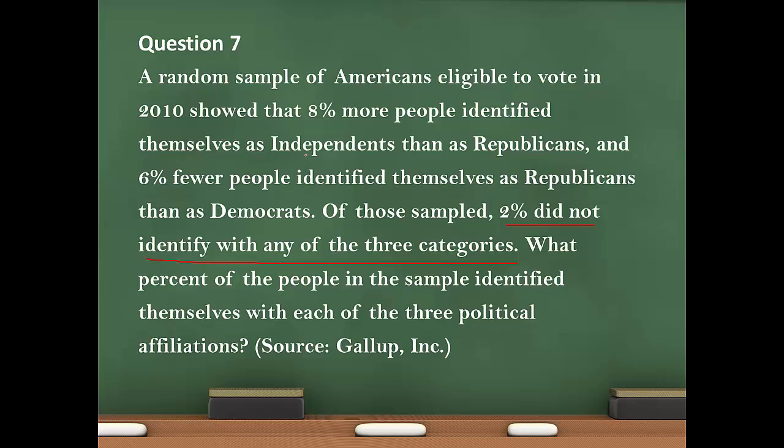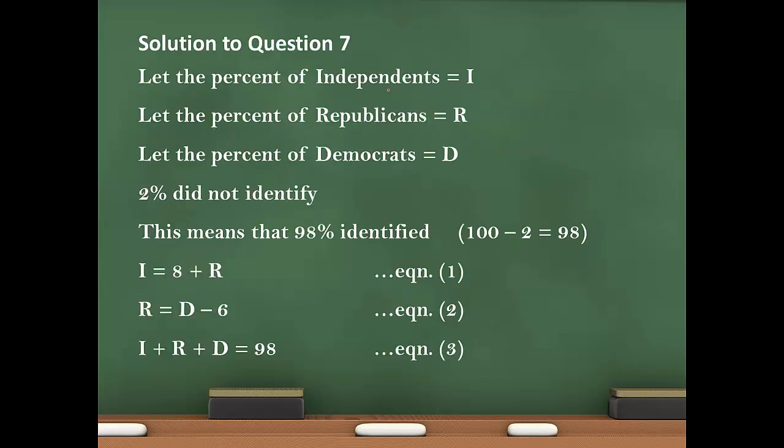So let the independents be I, let the Republicans be R, and let the Democrats be D. Percent of independents to be I, percent of Republicans to be R, percent of Democrats to be D. 2% did not identify, so that leaves you with 98% that identified. So I plus R plus D is 98. You could call it equation 1, or here is equation 3.